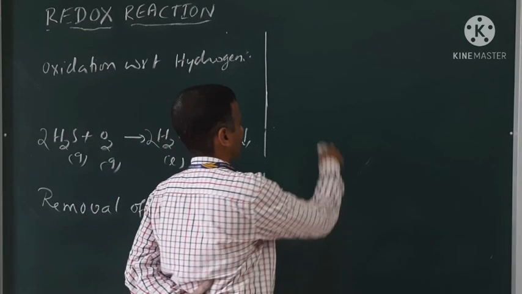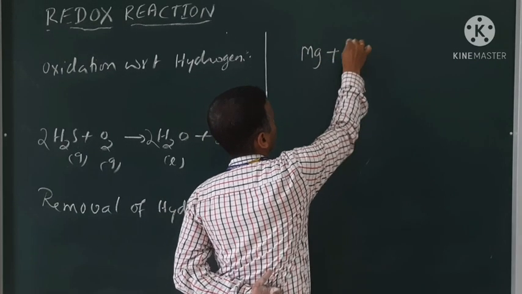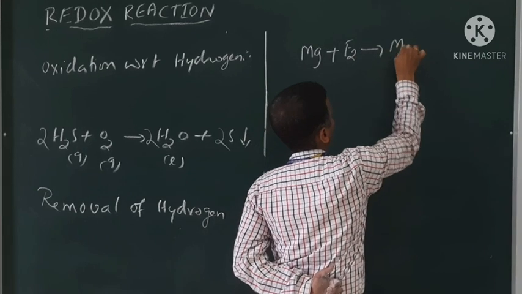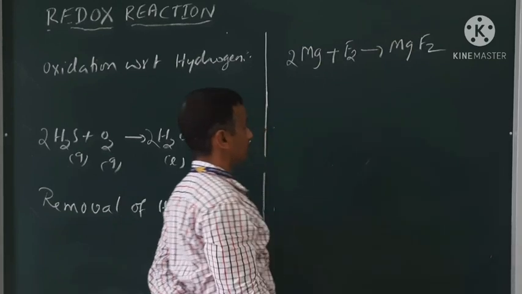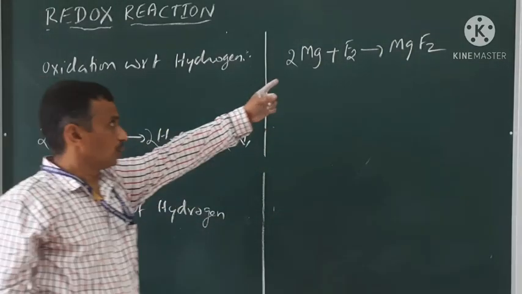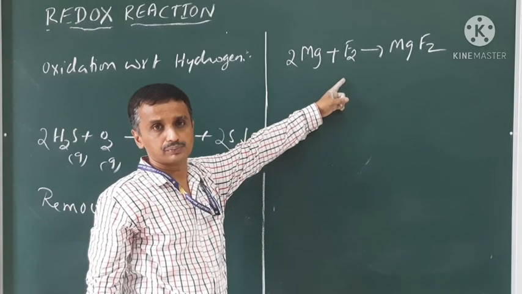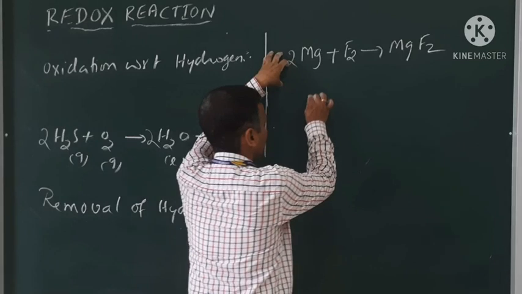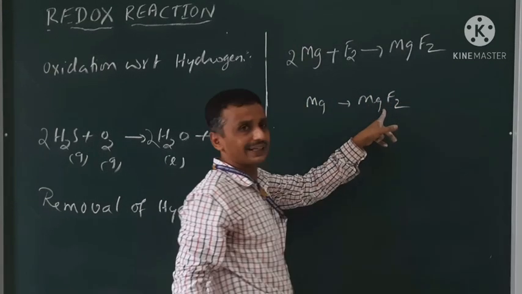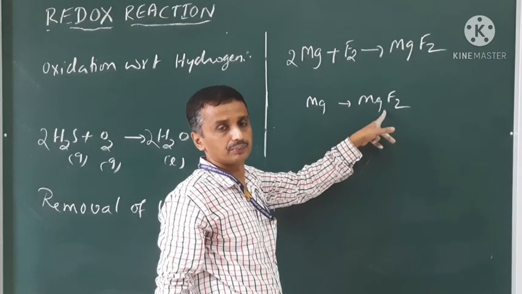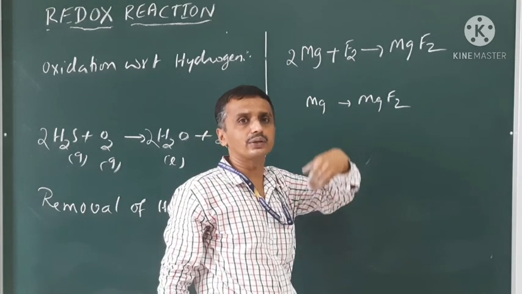Now take this example here. Mg plus F2 gives MgF2. You know that fluorine is the most electronegative element. In MgF2, 2 fluorine got added, and fluorine is an electronegative element, and the electronegative element is added.